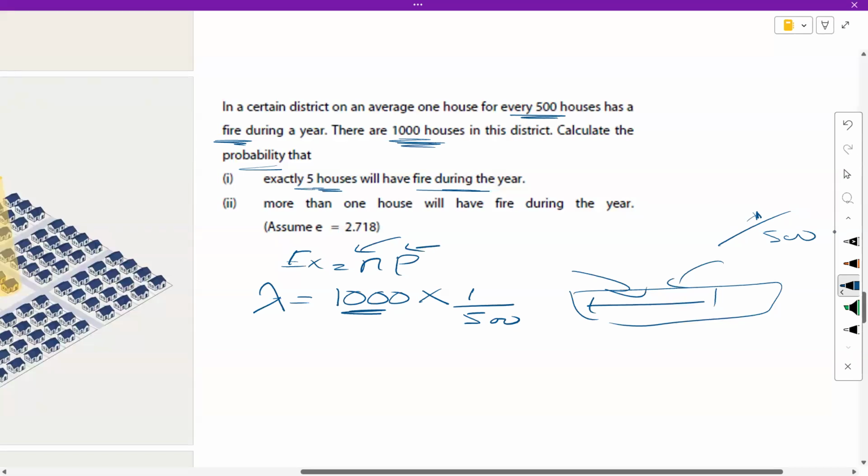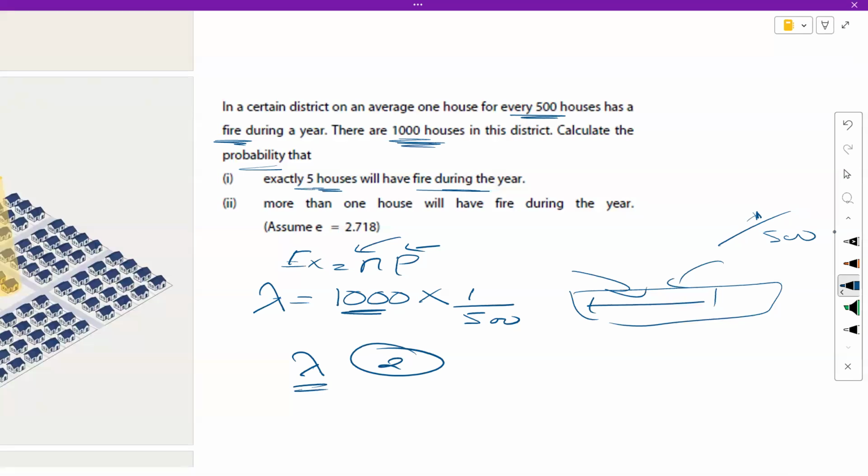So the expectation here is 2. Lambda equals 2. On average, out of 1,000 houses, 2 houses will catch fire.